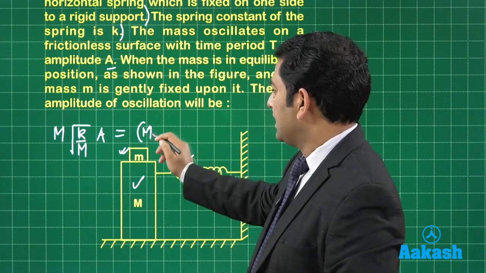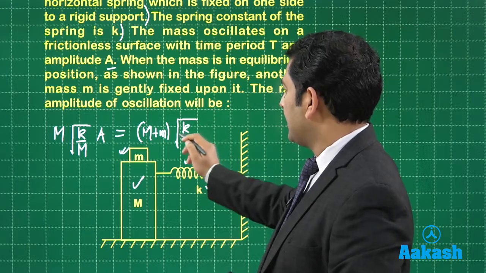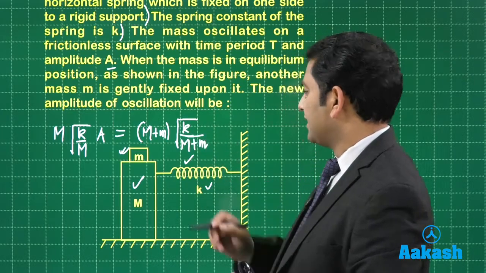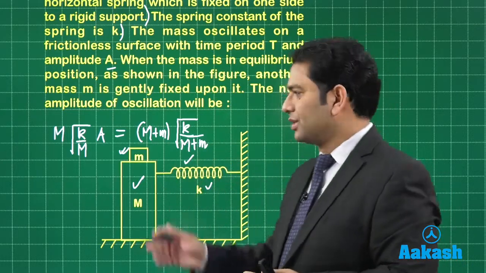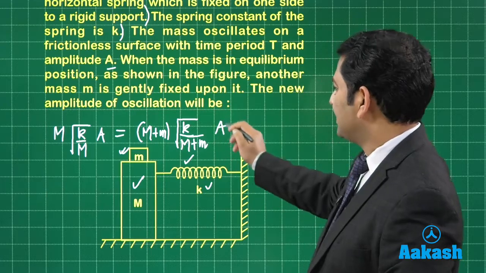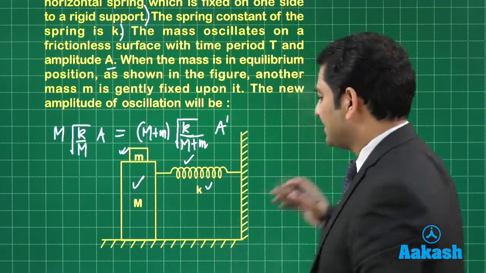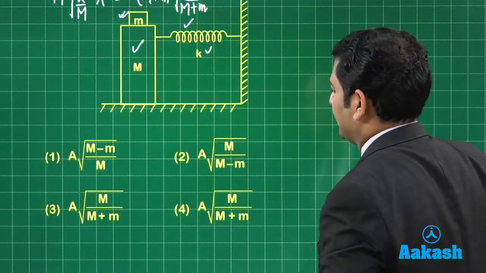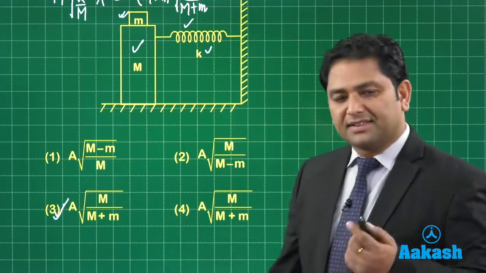That will be M plus small m is the new mass, and k by M plus small m. Don't forget, the spring constant is the same, but the new angular frequency is going to be this much, and the amplitude is A dash. That's all done. So if you solve this, if we try to match it with the options, option number 3 comes out to be the correct one. Let's go to the next one.